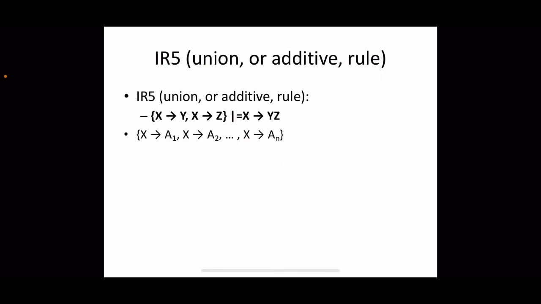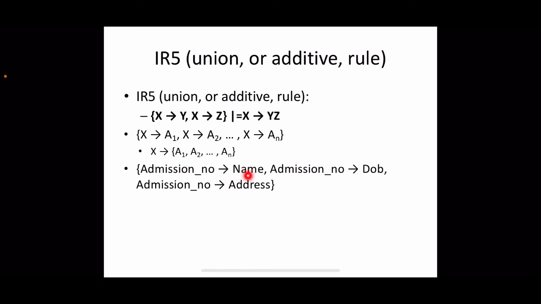So we have a set of functional dependencies, X determines A1, X determines A2, etc., X determines An. Then we have inferred a new dependency, X determines A1, A2, etc., An, this combination. Okay. For example, in case of admission number determines name, admission number determines date of birth, admission number determines address, we will have a new dependency, admission number determines the new attribute set name, date of birth and address.